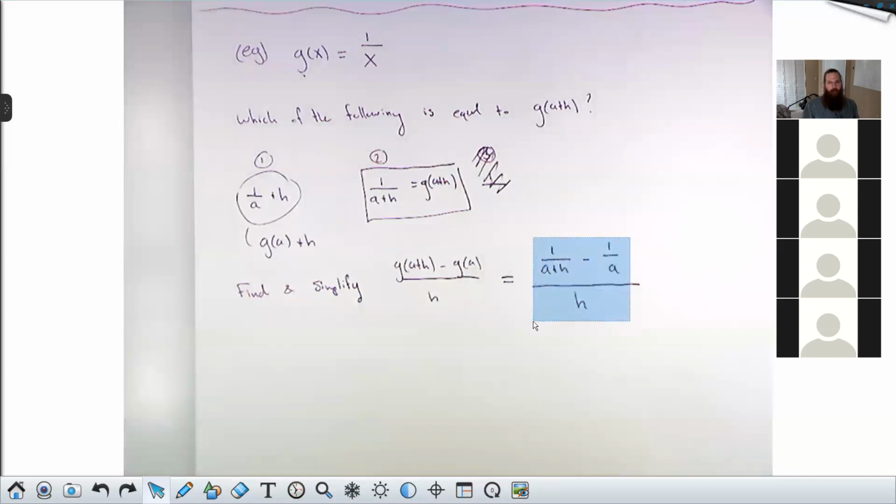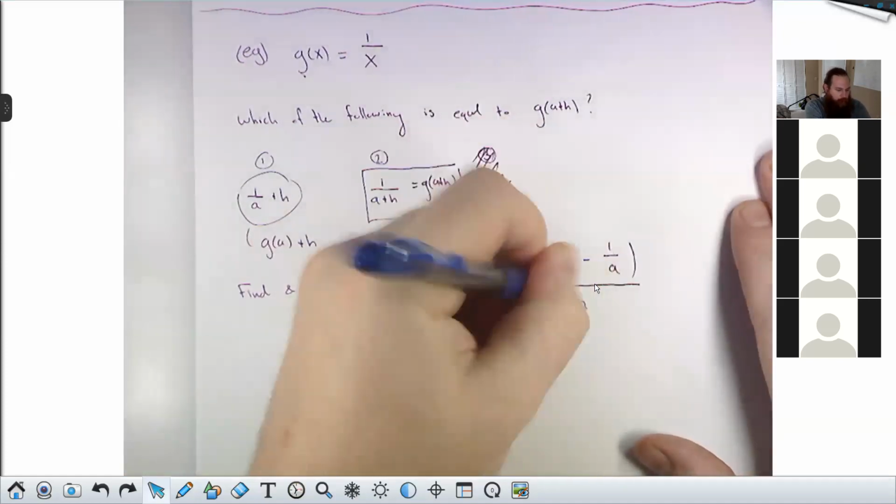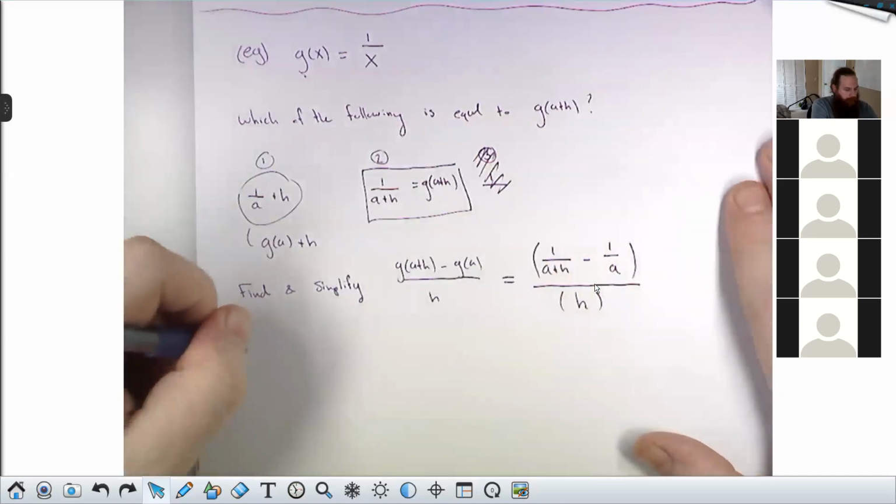How could I clean up this big nasty fraction? Yeah, I need a common denominator. So I'll think of this piece as my top, this piece as my bottom. And I can start by doing the flip and multiply thing.